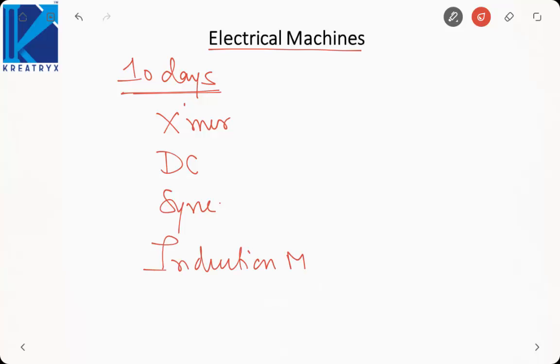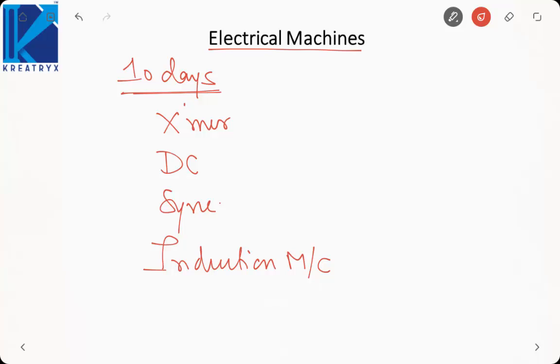Now electrical machines has only 4 units, which are transformer, DC machine, synchronous machine and induction machine, and none of the units you can leave out. But what you can do is, in synchronous machine you might have faced a lot of theoretical concepts.